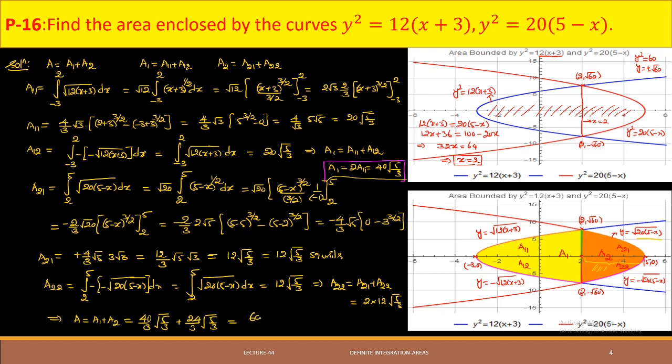So this is equal to 64 by 3 into root 5 by 3 square units. So we have got the area of the required region, that is equal to 64 by 3 root of 5 by 3 square units. Hope you have understood this problem. Let us solve the next problem. Here is our next problem.